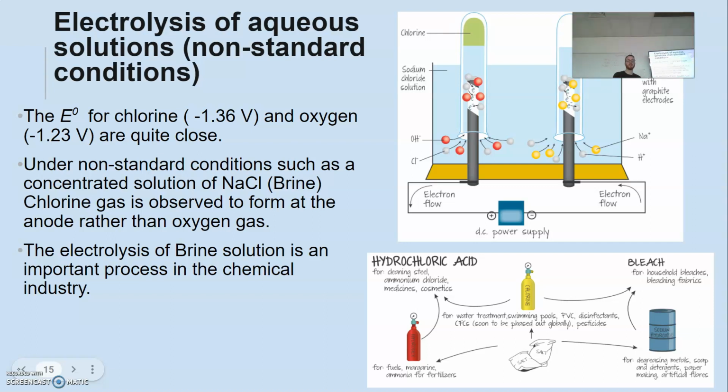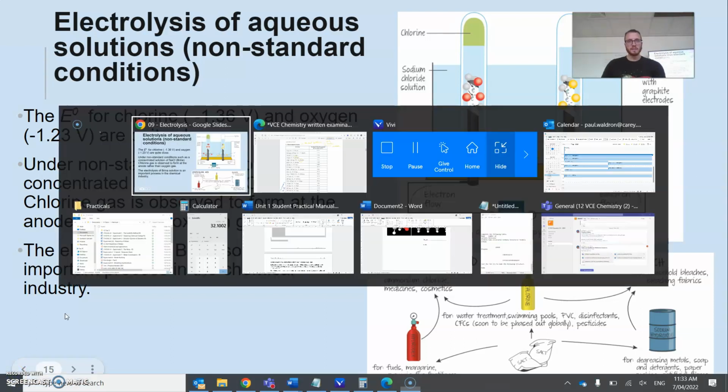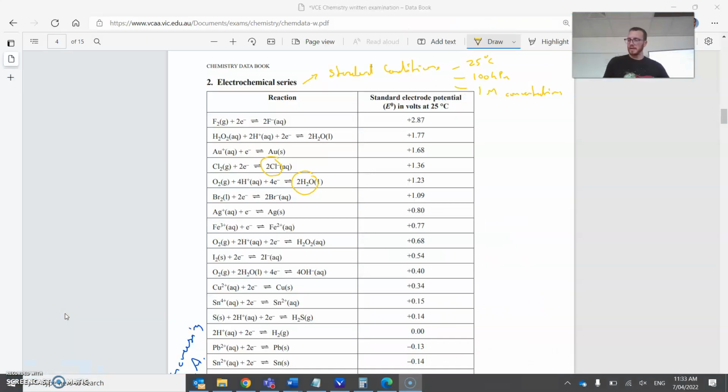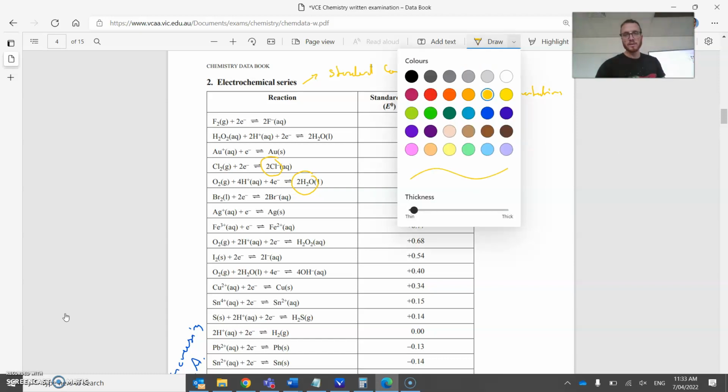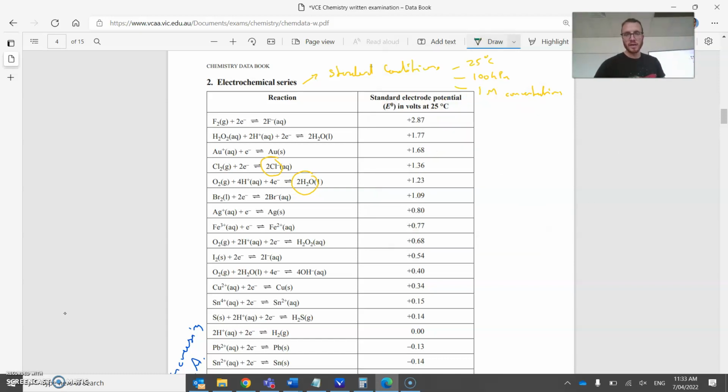So I'll pause this just for the chemical series. Chlorine and hydrogen are very close.